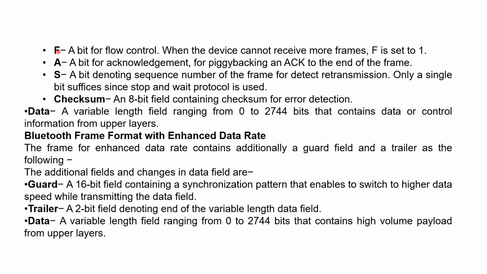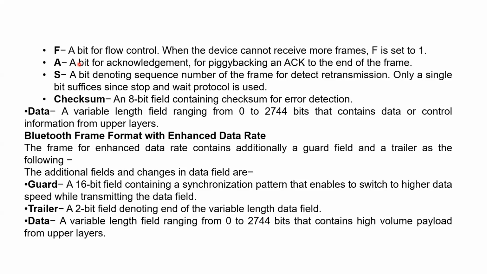That is what is indicated by this particular bit. Bit A, as its letter indicates, is acknowledgement bit. So it acknowledges that the frame has been received, and this bit is activated at the end of the frame.